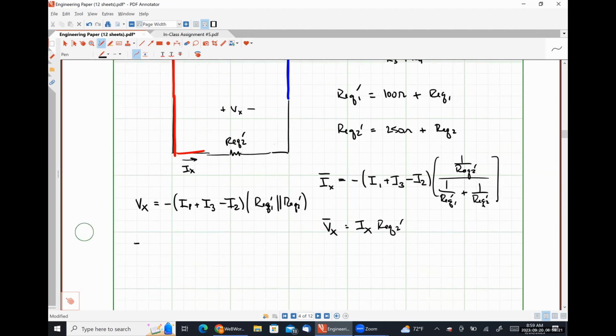And then once I know Vx, I can say that Ix is simply Vx divided by REQ2 prime. Whatever way floats your boat. You want to do current division and then Ohm's law, or Ohm's law and then Ohm's law.